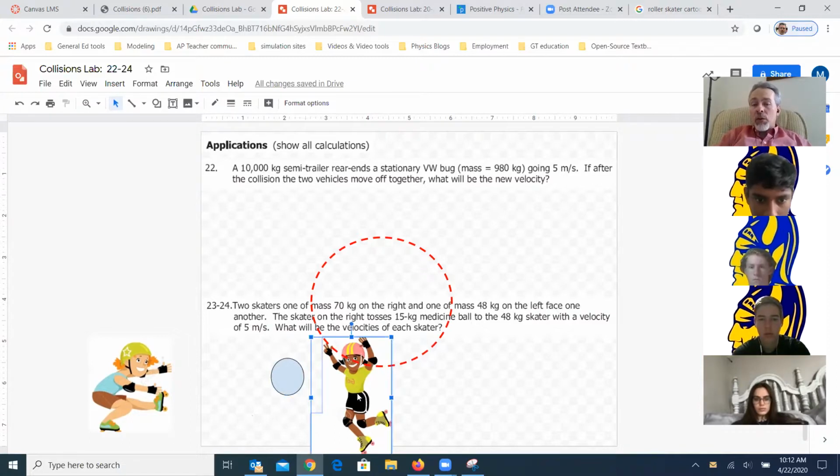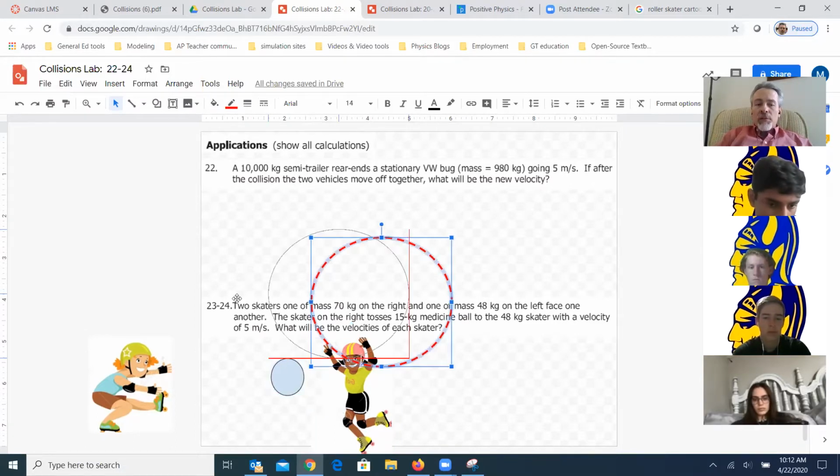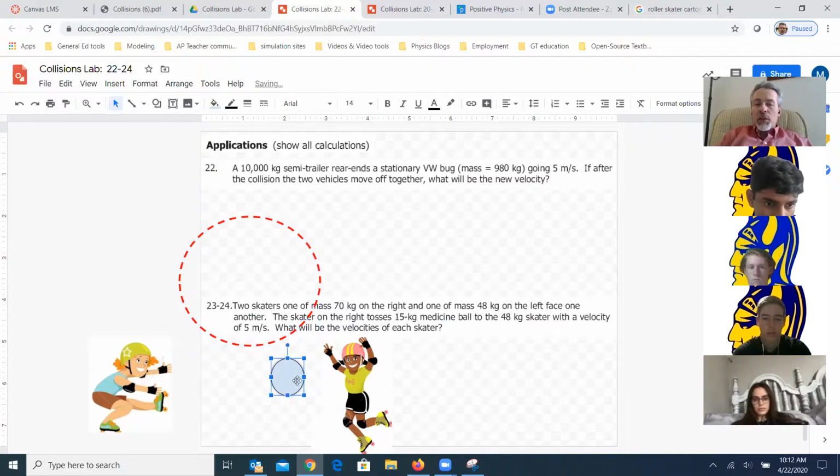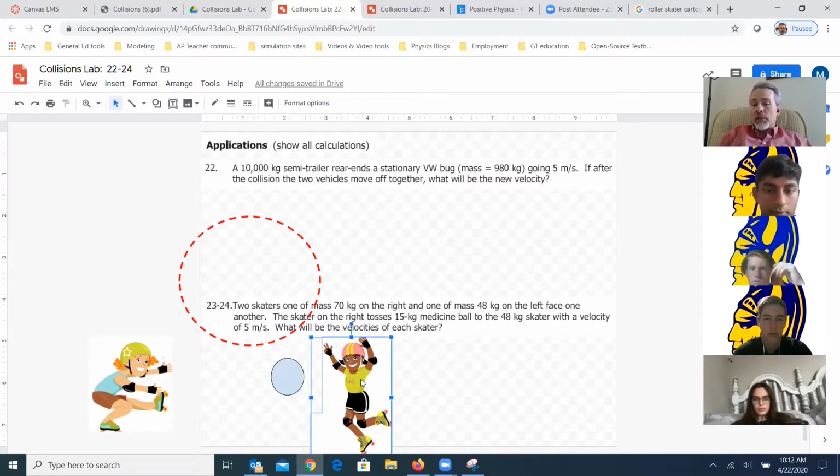Be careful because they're going in opposite directions. You got to make something positive, something negative. It says the ball is being thrown with a velocity of 5 meters per second. So we know the speed of the ball. You have to figure out if you're going to make it positive or negative, and then you can calculate her velocity. Any questions about that? So that's like number 23.